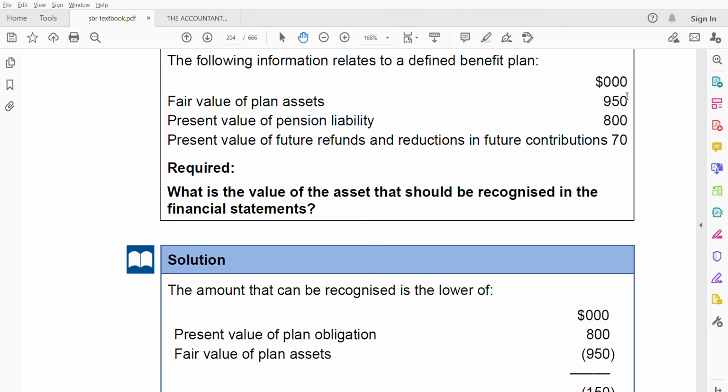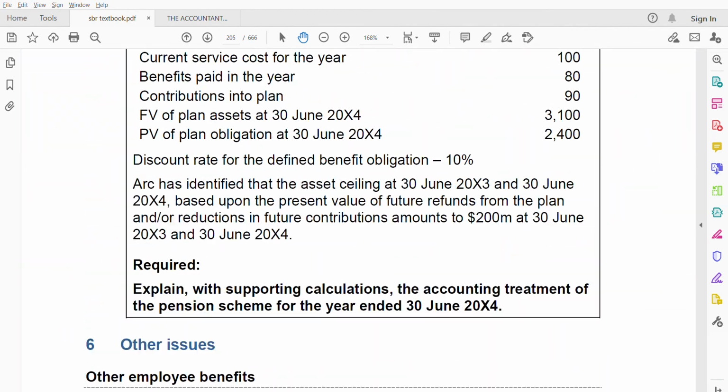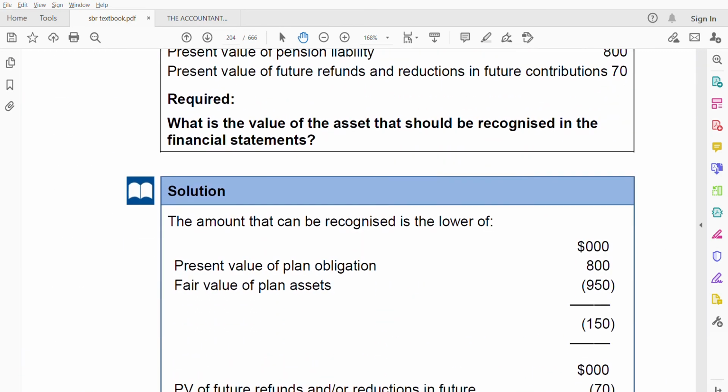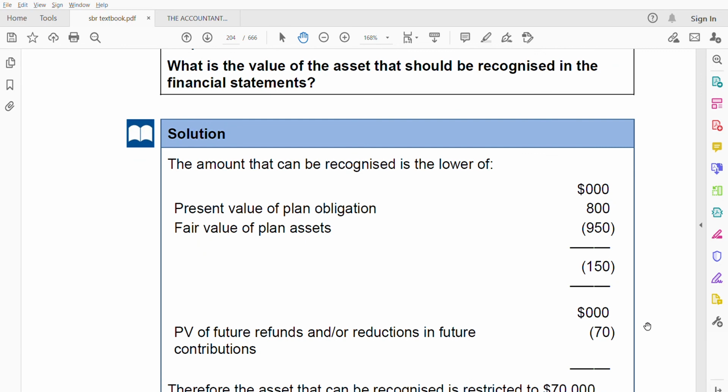950. What is the present value of obligation? It is 800. So 950 minus 800, 150. You see your obligation is less, so is this a deficit or a surplus? This is a surplus of 150.